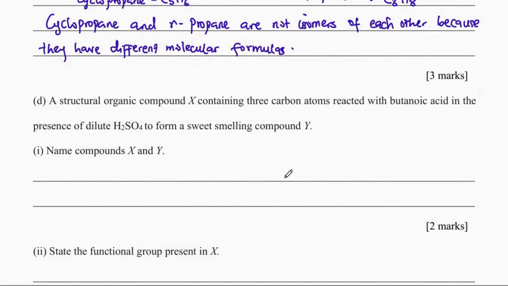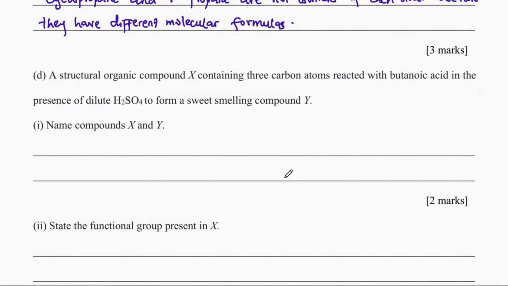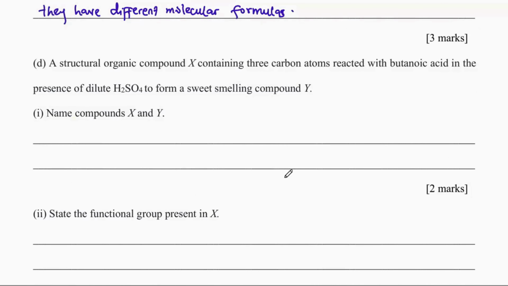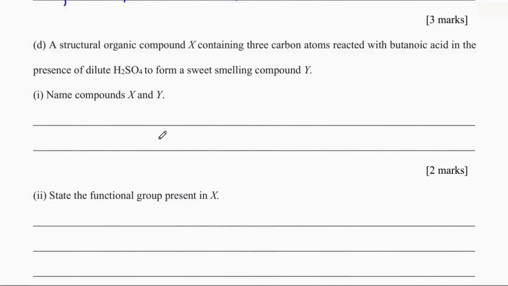Now the next question says a structural organic compound X containing 3 carbon atoms reacted with butanoic acid in the presence of dilute H2SO4 to form a sweet-smelling compound Y. In this kind of reaction, in the presence of H2SO4 and butanoic acid, this is likely going to be an esterification reaction.